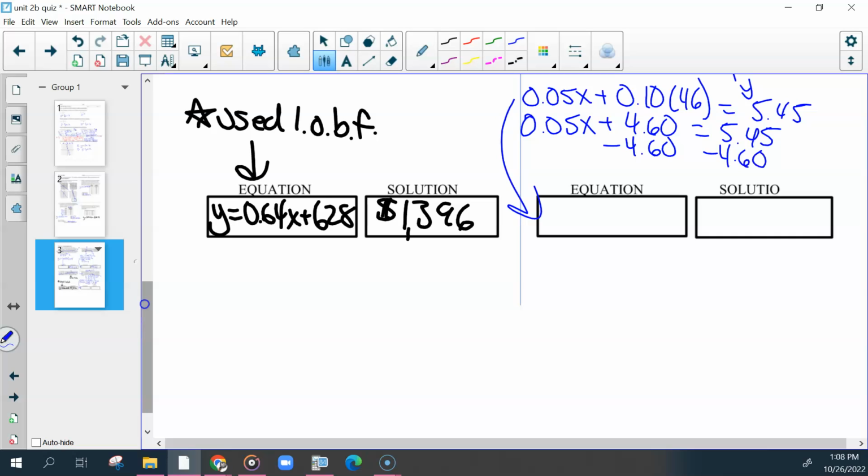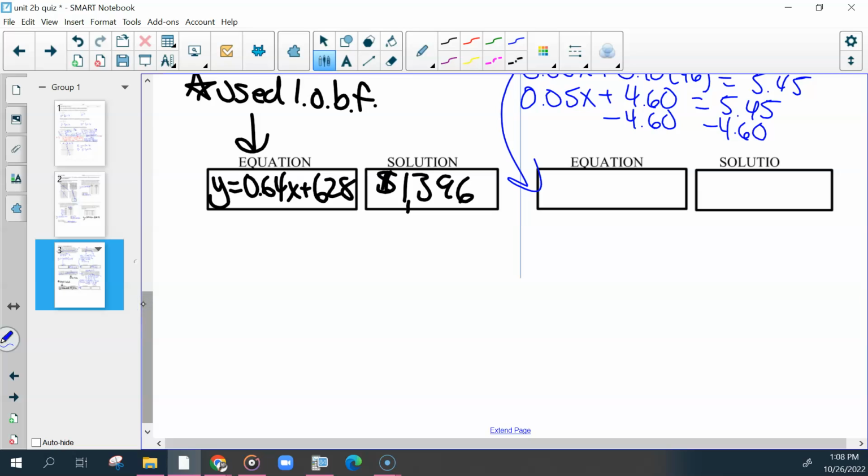Then you could have 460 instead of $4.60, and your answers can become real weird. And then divide. $17 was your final answer. So that one was also worth 4 points. Do you have any questions on that one?